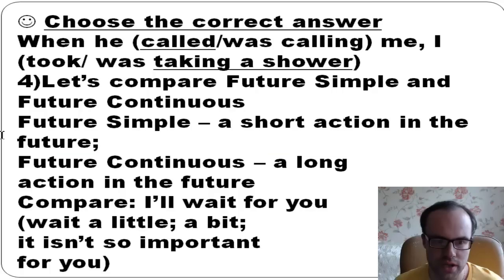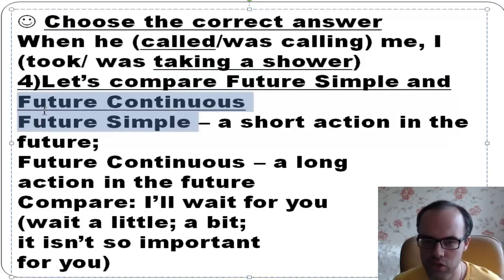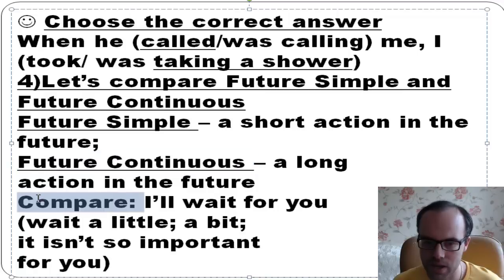So let's compare future simple and future continuous. Future simple is a short action in the future, and future continuous is a long action in the future. Please compare. I'll wait for you means maybe I'll wait a little, a bit. It isn't so important for you.